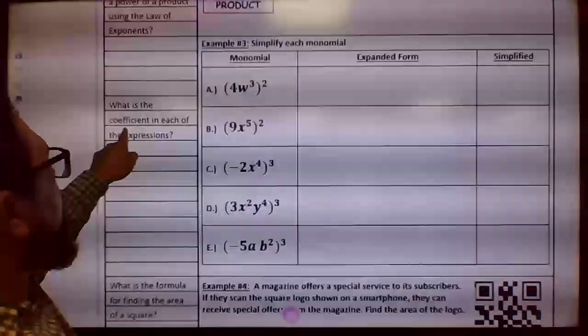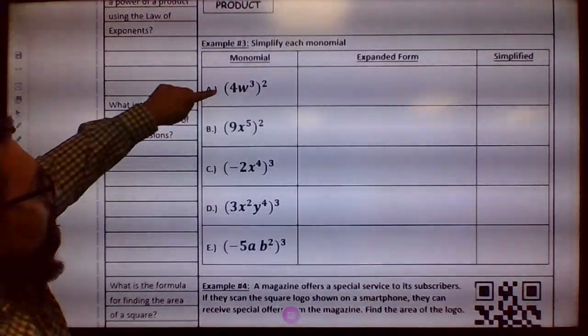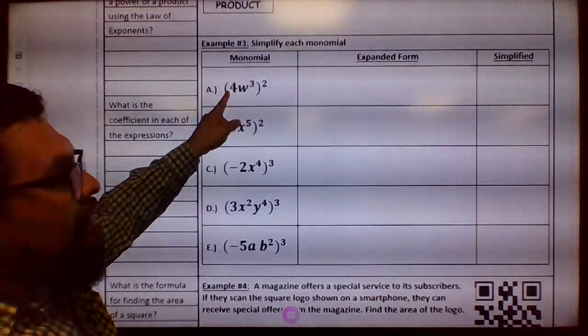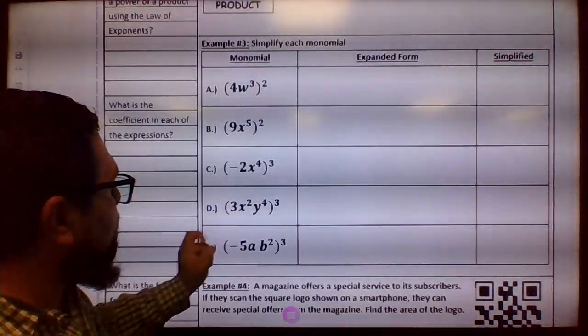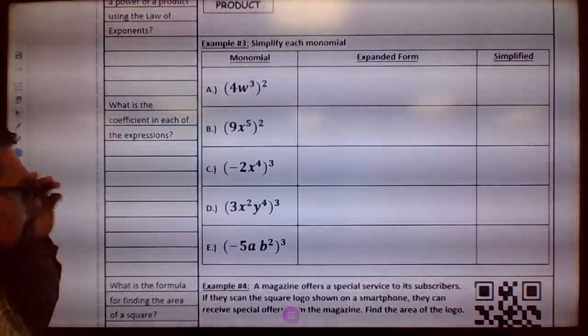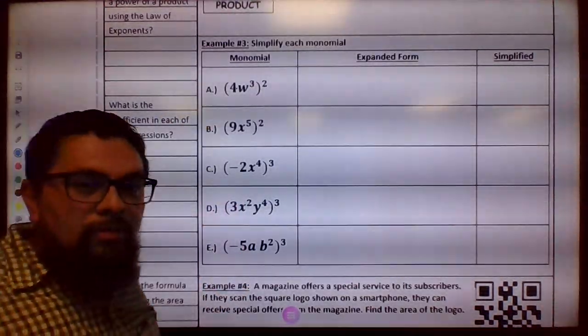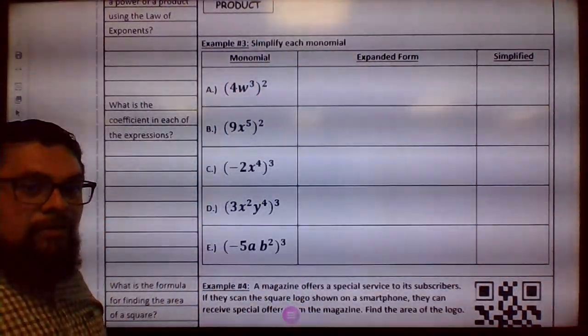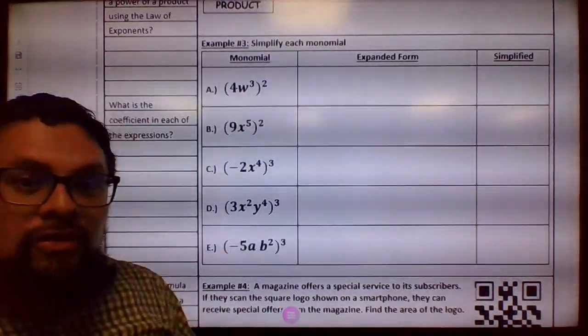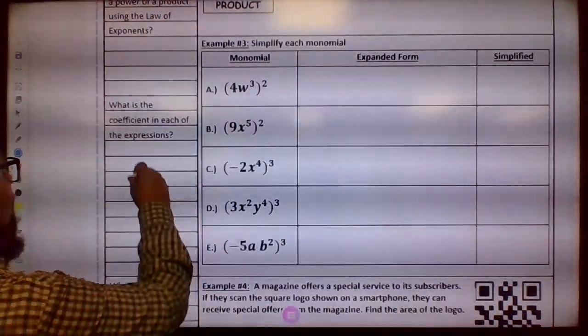What is the coefficient in each of these expressions? This is a coefficient, this is a coefficient, and so on. Now, what are they though? It starts with an I, if you remember from last year. They're integers.